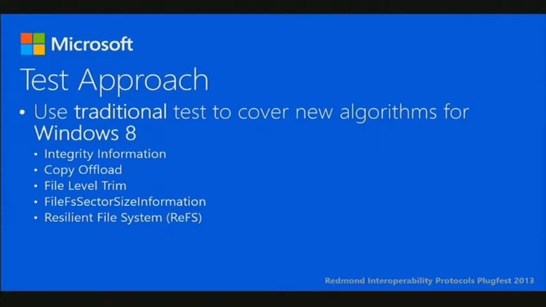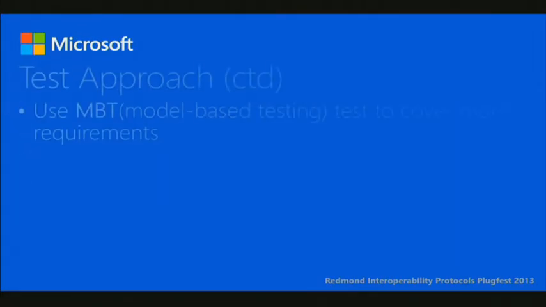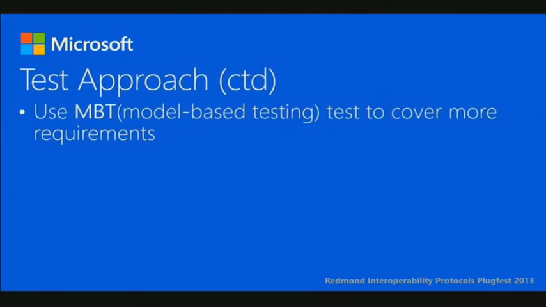Also, we have verification for the new file system ReFS, which was also introduced in Windows Server 2012. Besides that, we also leverage model-based testing to cover the huge document requirements and make sure the implementation complies with the requirements.